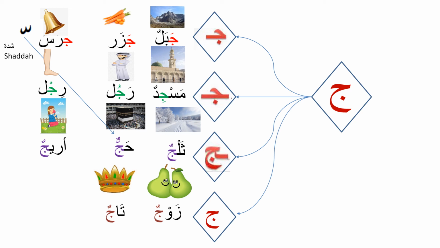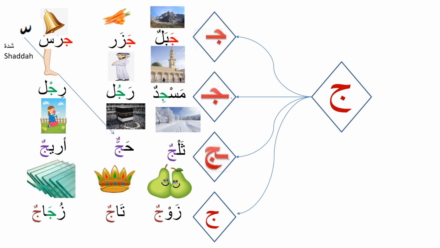And why are we elongating the sound of Ta here? We are elongating the sound because we have mad, we have Alif after Ta, which is responsible for elongating the sound. So Taj, okay? I'm sorry, at the end there is Zujaj. We have two types of Jeem.